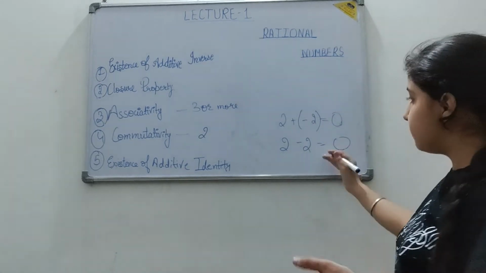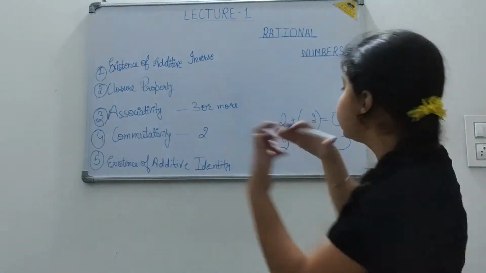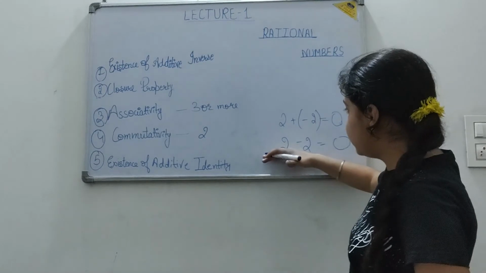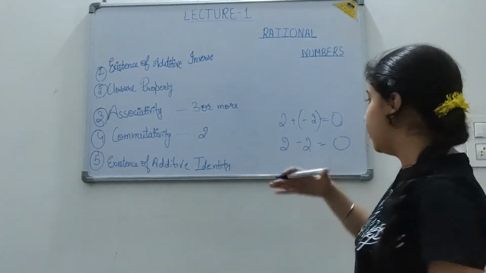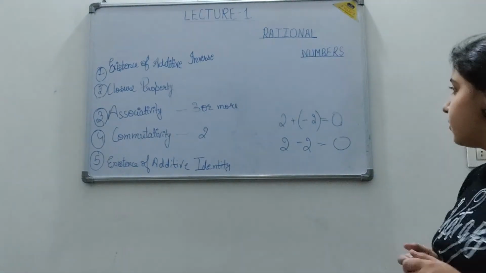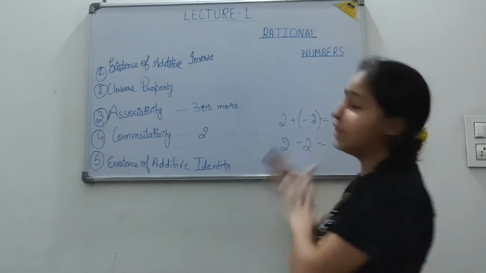So basically, if you have a positive number, you add the same quantity of the negative number, and if you have a negative number, you add the positive number. So these were the 5 properties of rational numbers.